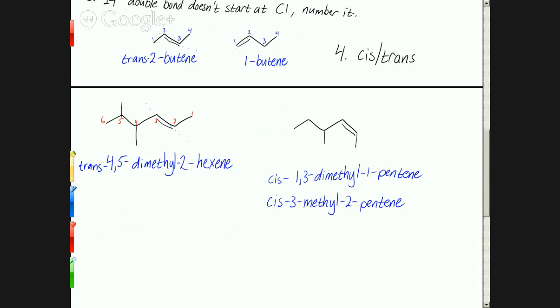So once again, we have to think about where our main chain is and how we count it out. So the main chain has to contain the double bond, but it also has to contain the longest possible continuous chain of carbons. So that's right. So we have to start down here and go 1, 2, 3, 4, 5, 6.